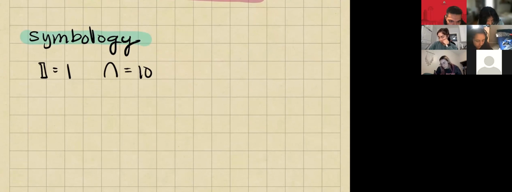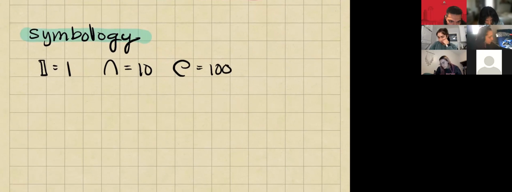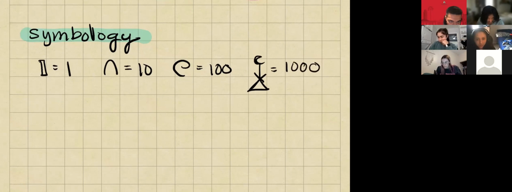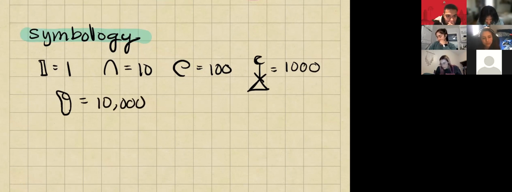We have a coil of rope, which is 100. And then what was the other one? We have a lotus flower, right? And that represents 1,000. And then we had this really janky looking finger. Wow, that does not look like a finger at all. It's like a potato. This represents 10,000. And then I believe there was a frog.